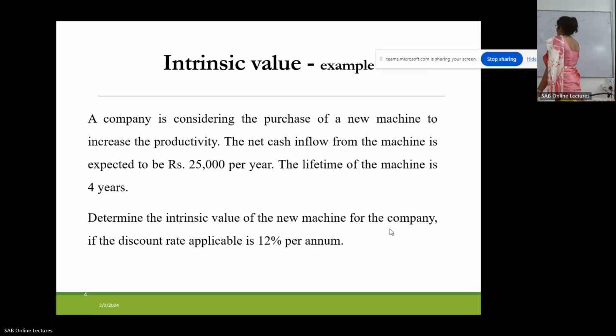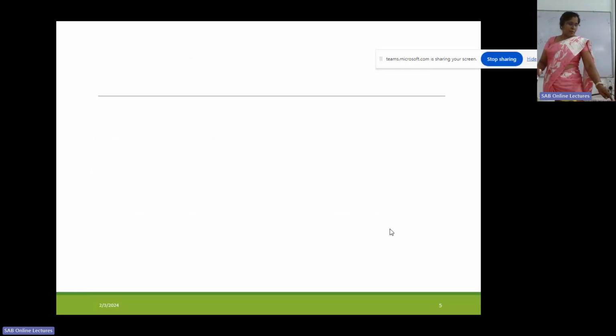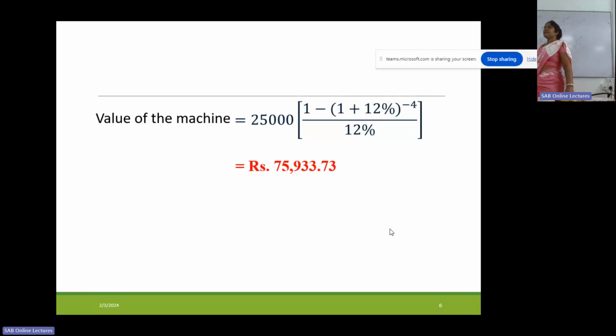1 minus 1.12 to the power minus 4, divided by R. So you will get 75,933.